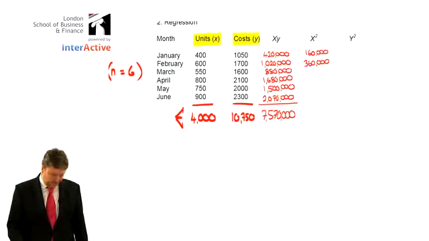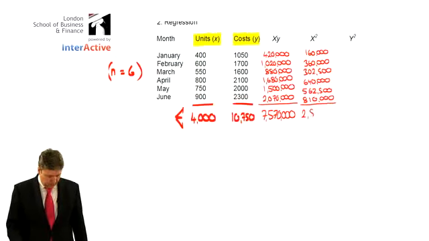Of 550, 302,500. Of 800, 640,000. Of 750, 562,500. And of 900, 810,000. If we sum all those together, we get 2,835,000.